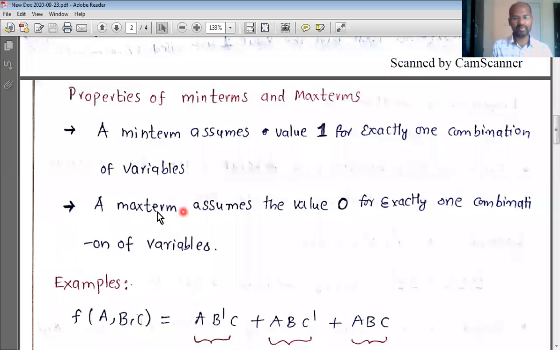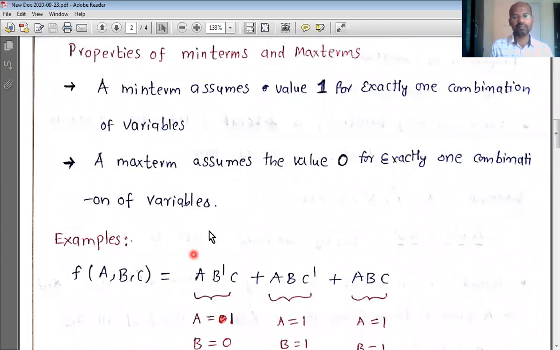In the same way, a max term assumes a value 0 for exactly one combination of input variables.